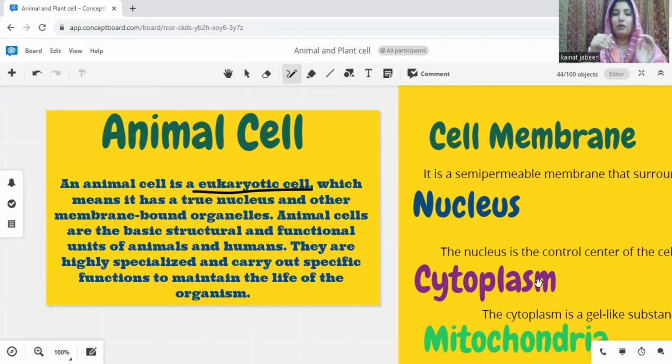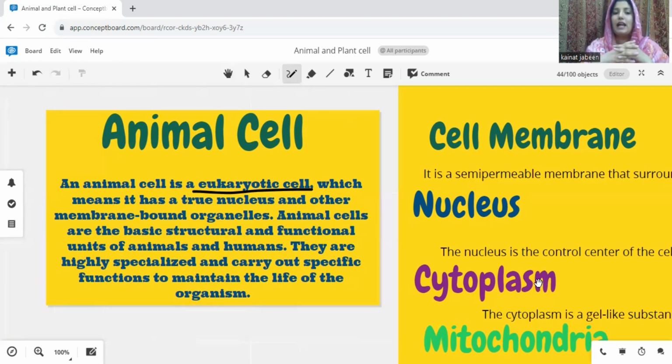Why do they have a true nucleus? Because there is a membrane around the nucleus. In the same way, the prokaryotic cell is the opposite of the eukaryotic. Prokaryotic means they don't have a true nucleus and they don't have membrane-bound organelles. Why don't they have a true nucleus? As I told you, prokaryotic organisms don't have membrane-bound organelles. So that's why the nucleus is not there.